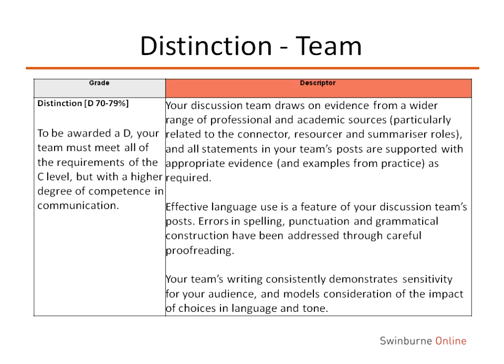Okay, so again, a bit more sophistication for a distinction. You've done careful proofreading. This one here is an important one: sensitivity for your audience. You've modelled consideration of the impact of choices in language and tone.